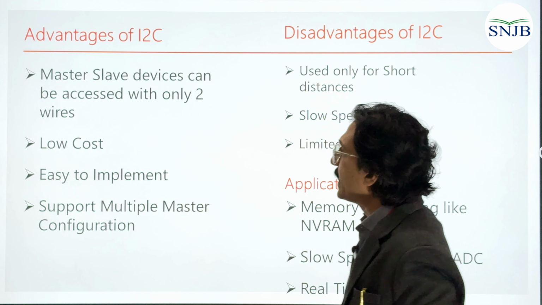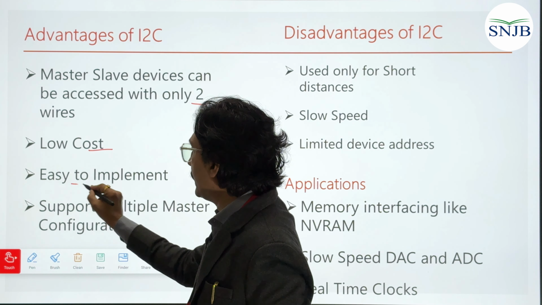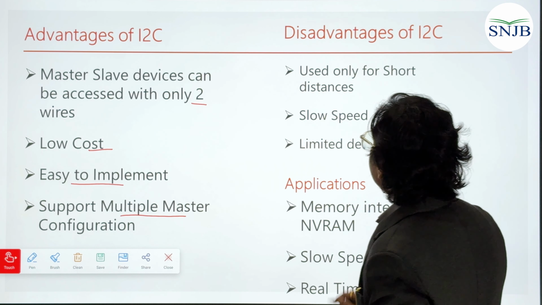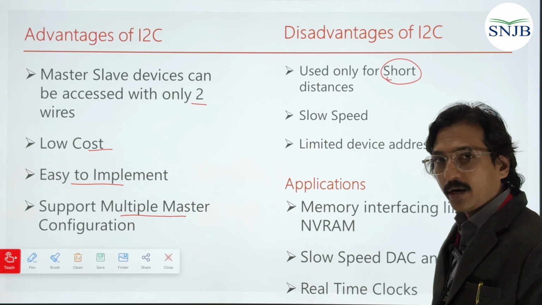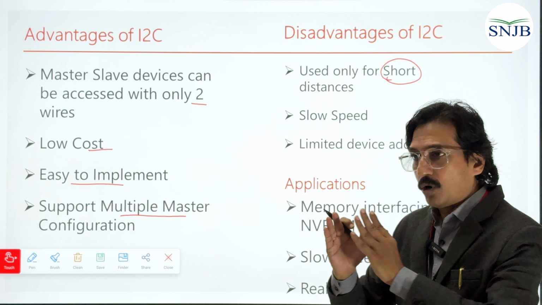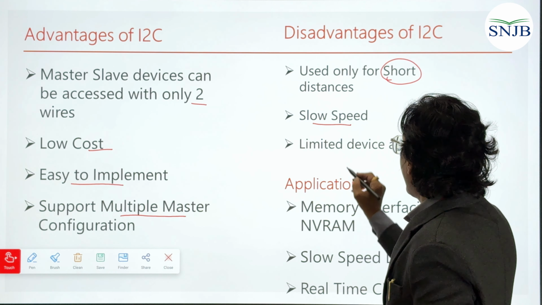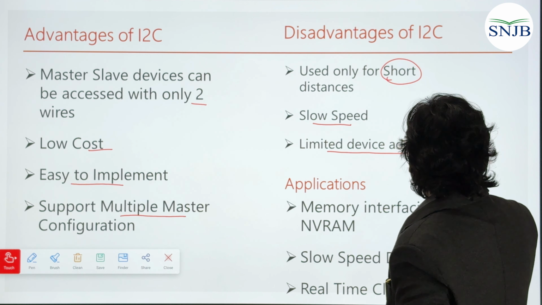The advantages are that it has only 2 lines, it is low cost and easy to implement, and it supports multiple masters. As for disadvantages, it is specifically for short ranges, short distances. It has very slow speed and it has limited data addresses, like 2 raised to 7 and 2 raised to 10.